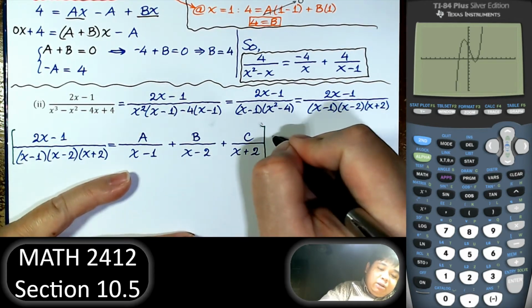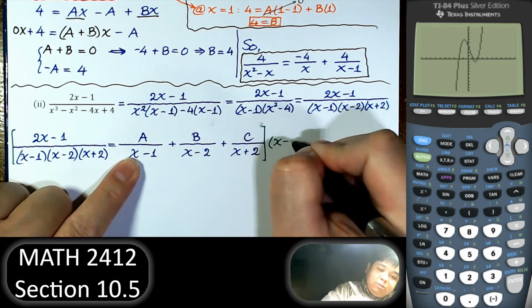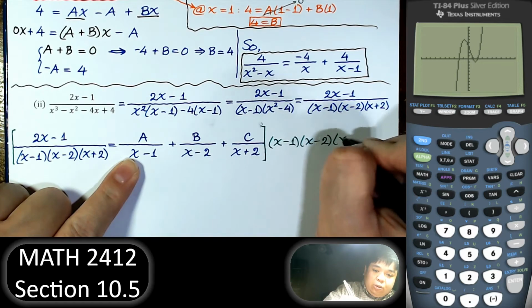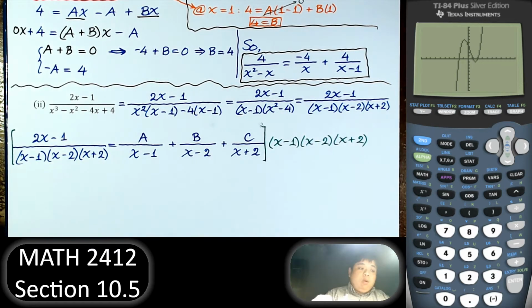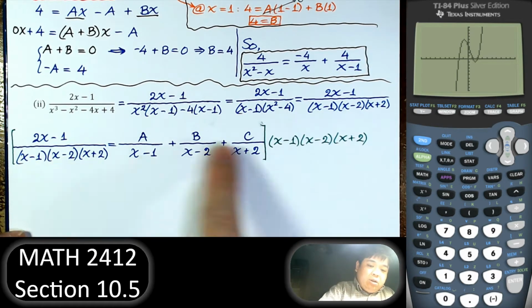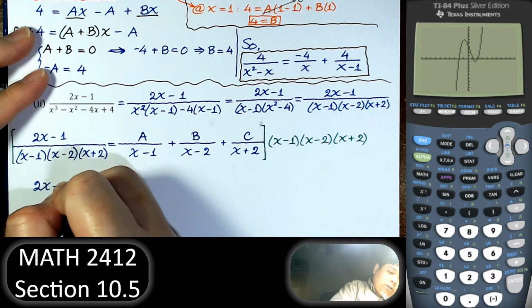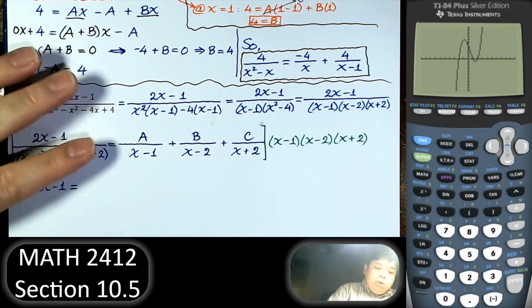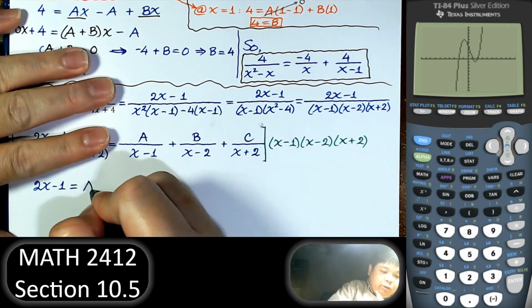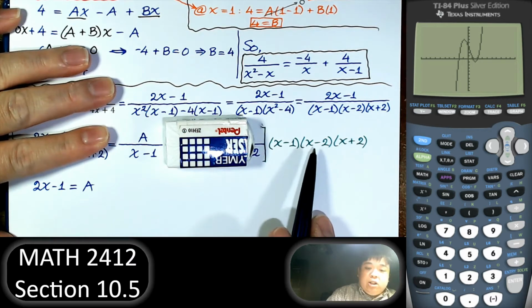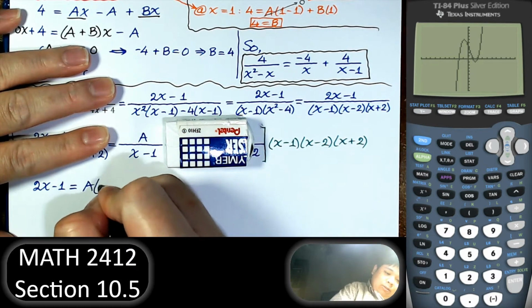Here once again, multiply by the common denominator, x minus 1, x minus 2, x plus 2, on both sides. When we multiply that out, the denominators cancel out, and we have 2x minus 1 equal to, next, focus on the a term. x minus 1 cancels out, we have x minus 2 and x plus 2.